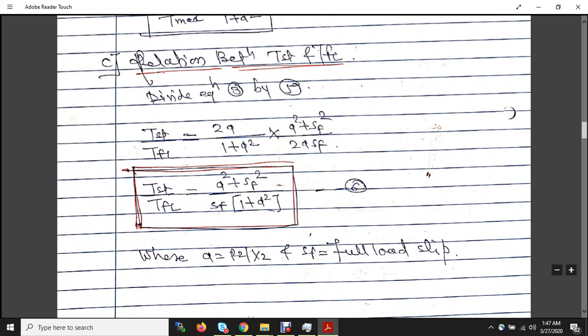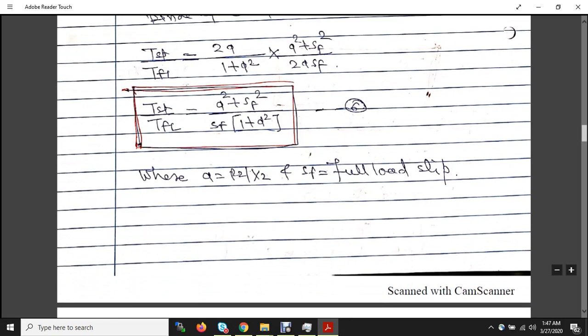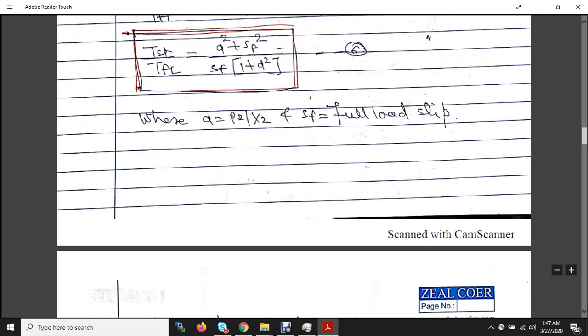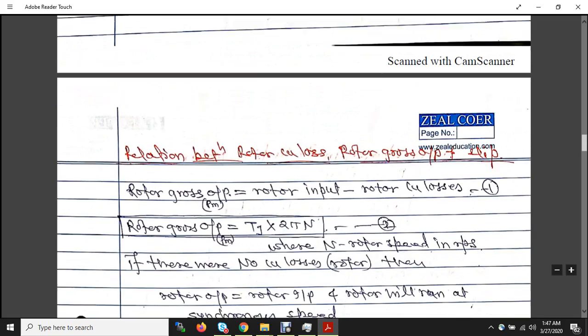This can be simplified as TST upon TFL equals A square plus SF square divided by SF into bracket 1 plus A square, where A equals R2 upon X2 and SF is the full load slip. This A can also be written as SM, where this is the slip at maximum torque. In this way, we have obtained the torque relations.